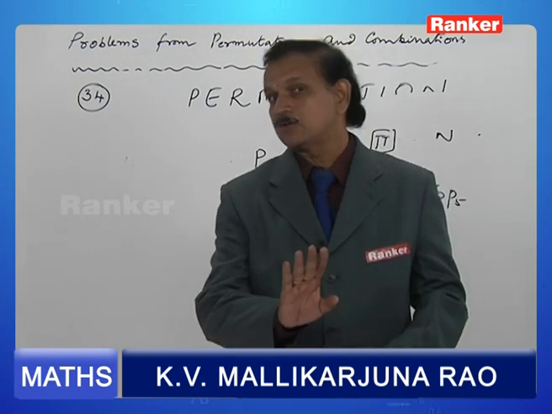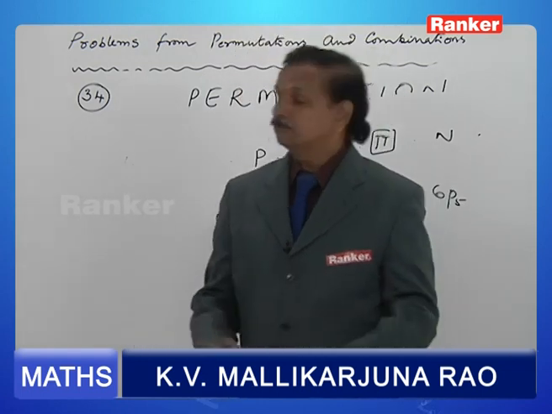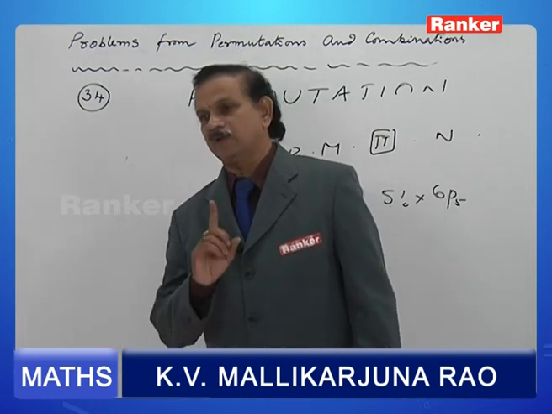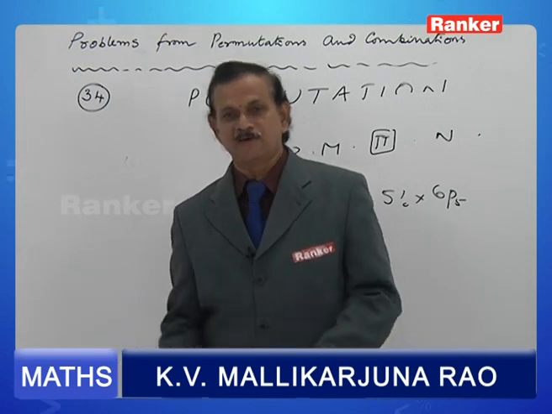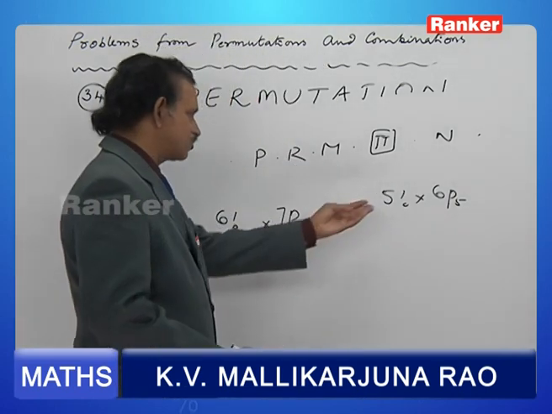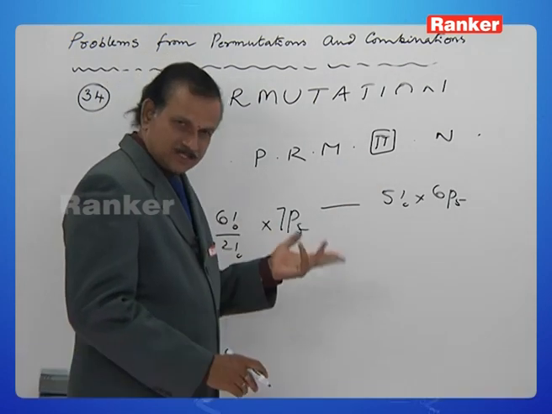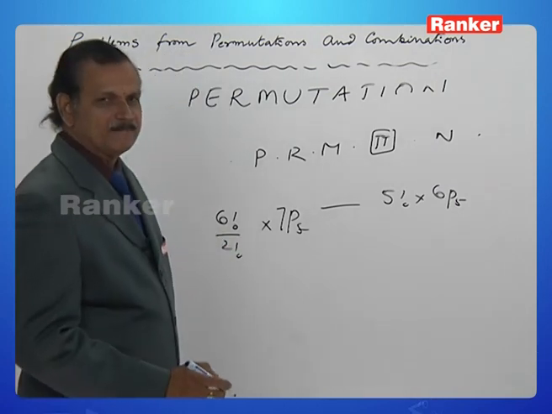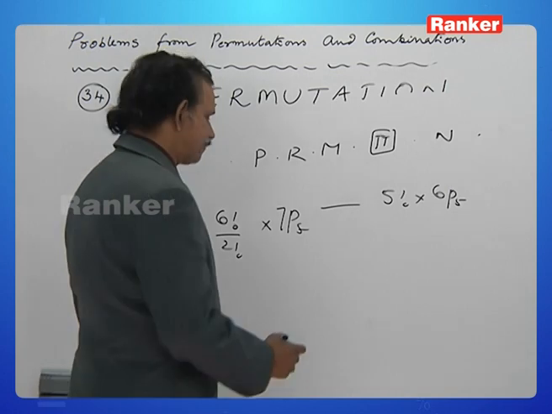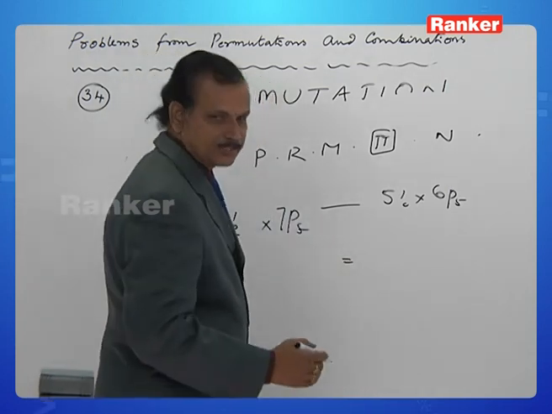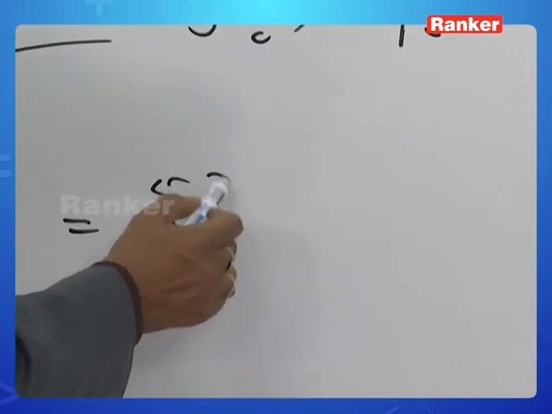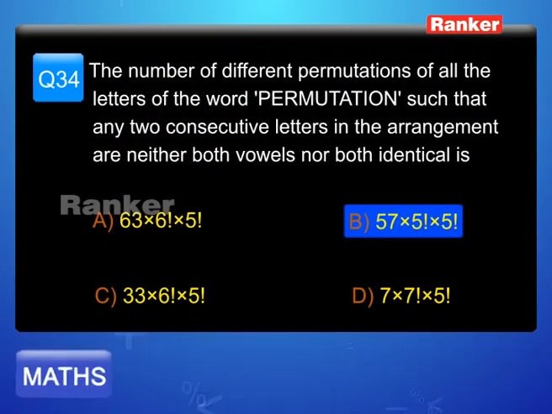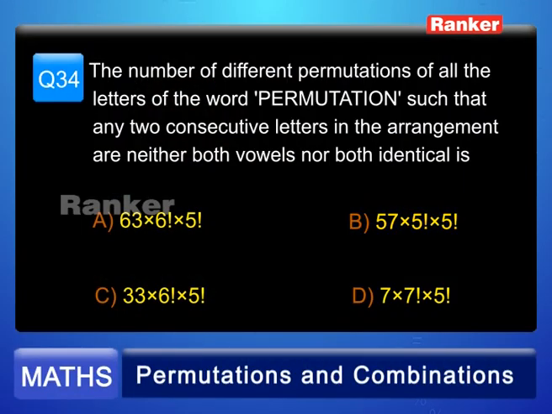So no two adjacent letters are vowels and no two adjacent letters are identical. This is the required answer, and if you simplify it, you will observe that the second option is the right option, that is 57 into 5 factorial into 5 factorial. Option B is the right option here.